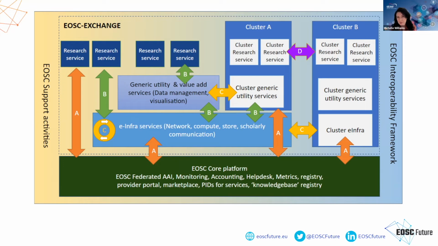Type C represents interoperability between horizontal services, such as services provided by infrastructures, and services provided by cluster or regional projects to their user communities. And type D describes interoperability between and among the research clusters. We are currently focusing on type A, but all of the types of interoperability as described here are in scope for the interoperability framework.